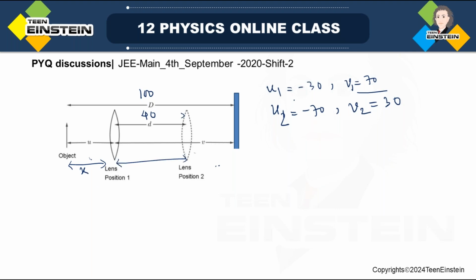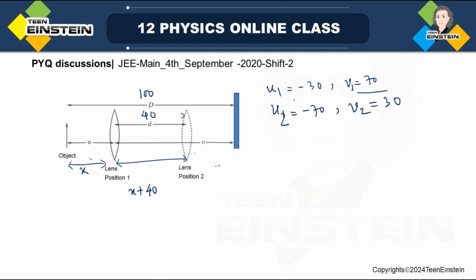I know this position is already fixed, right? If this is the first position, then the second position will be 40 centimeter away from the first position. So I know this 40 plus x, okay, right?